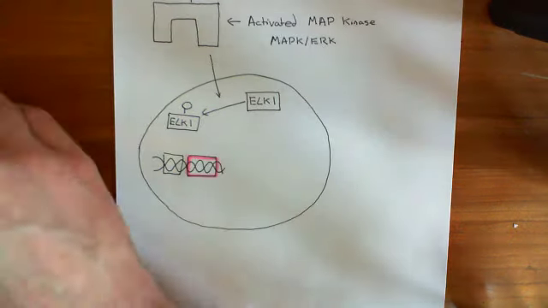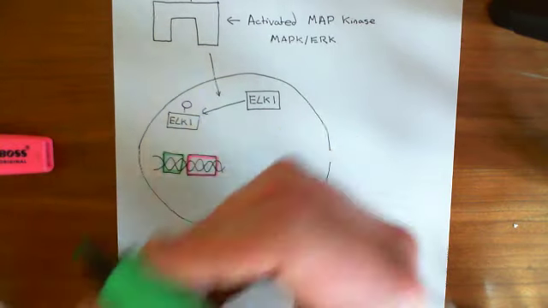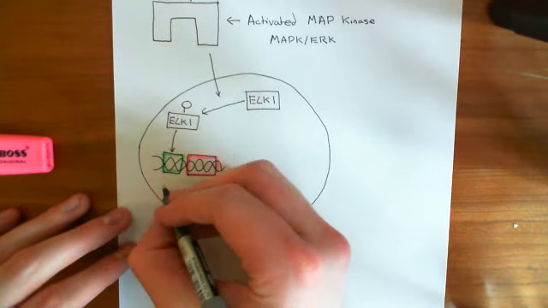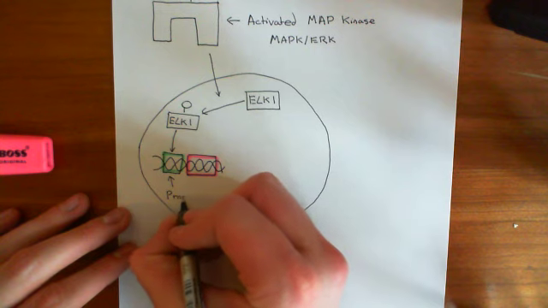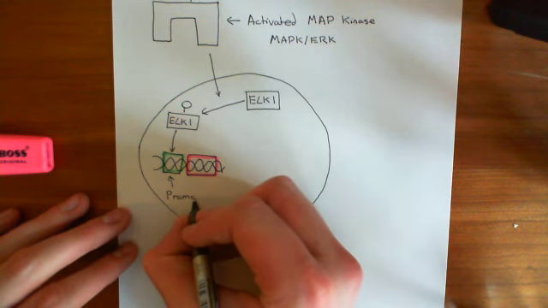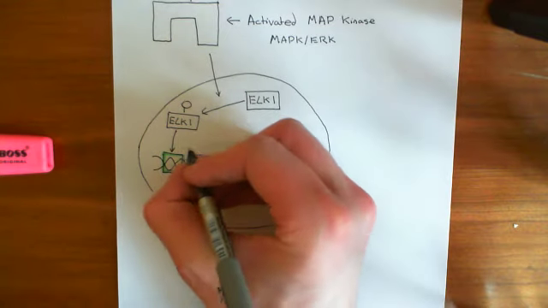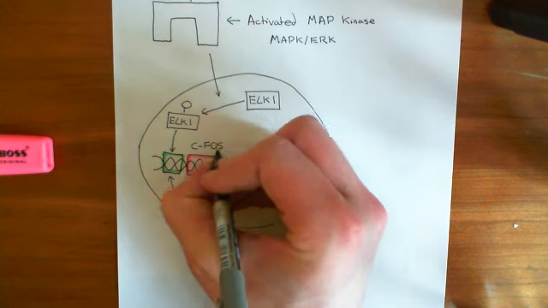Okay, so here is a promoter region in green, and the gene is in pink. So ELK1 is going to go and bind to the promoter region here. And one of the genes that specifically it's going to increase the expression of is a gene for C-fos. So this is the C-fos gene.